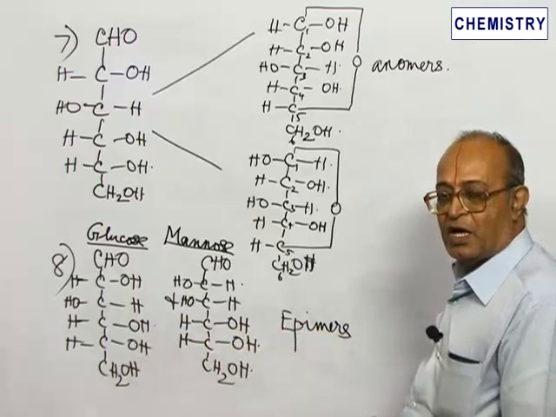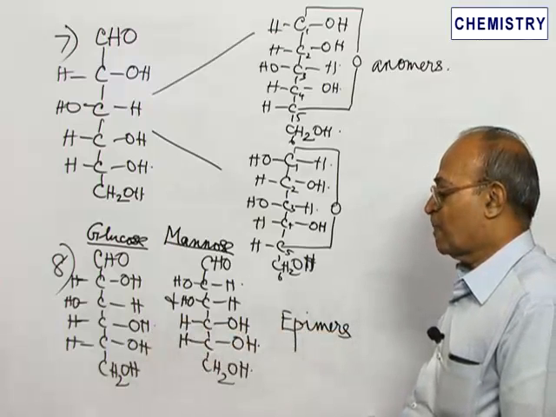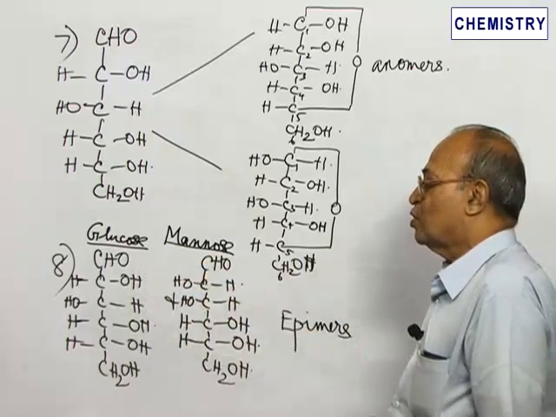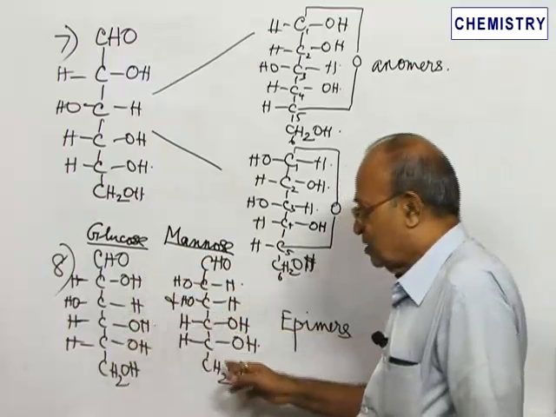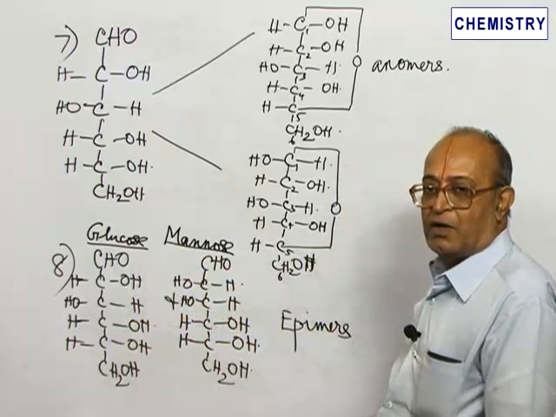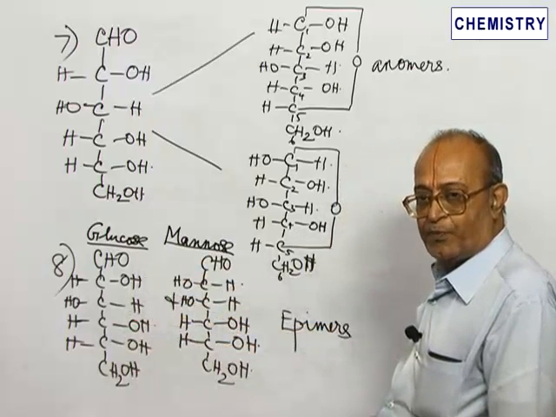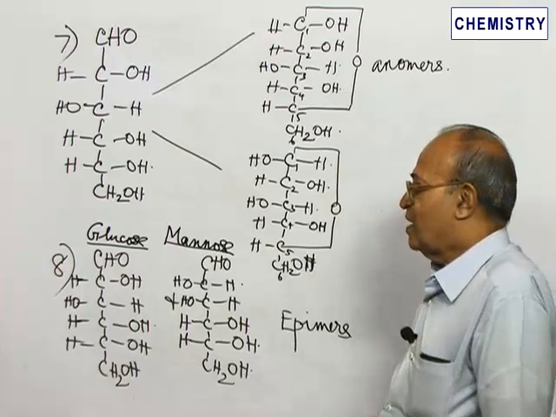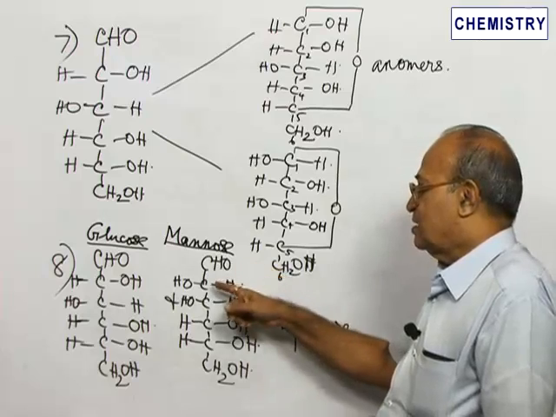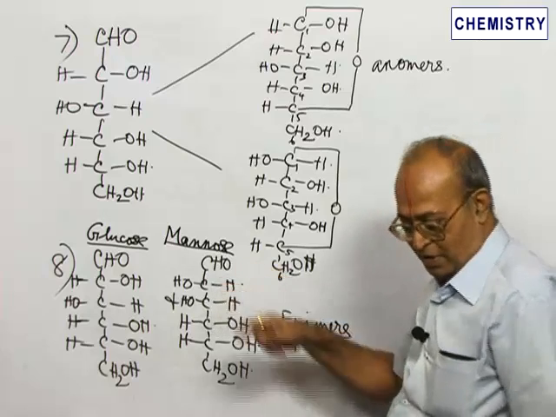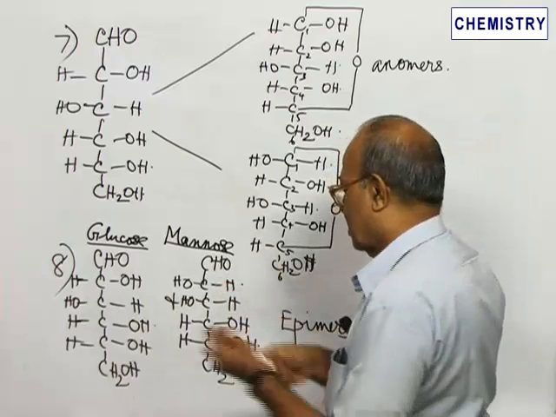So, in the case of epimers, as we have seen in the glucose and mannose example, the molecular formula will be the same, but structurally we find a difference, and that too a difference in the configuration of the second carbon.